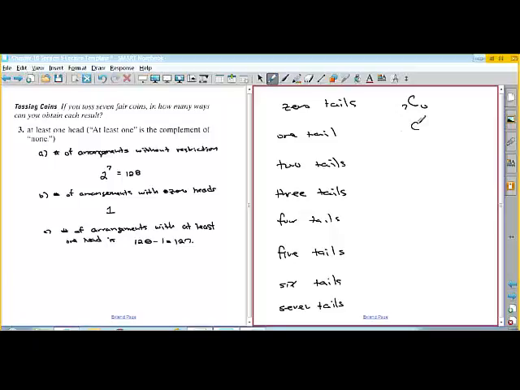Because what we were saying earlier was this is 7 things taken 0 at a time, this would be 7 things taken 1 at a time, this would be 7 things taken 2 at a time, 7 things taken 3 at a time, and so forth through this whole different number of tails.